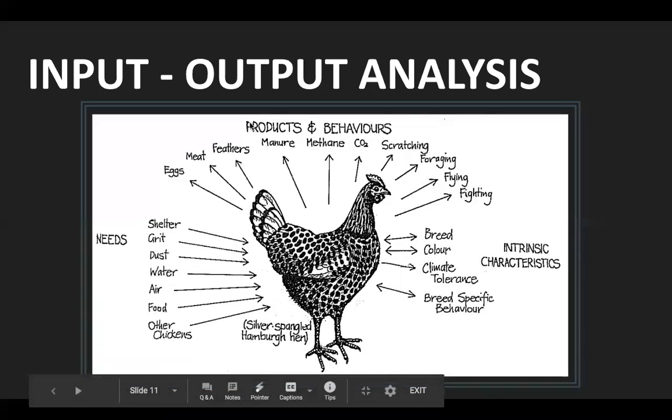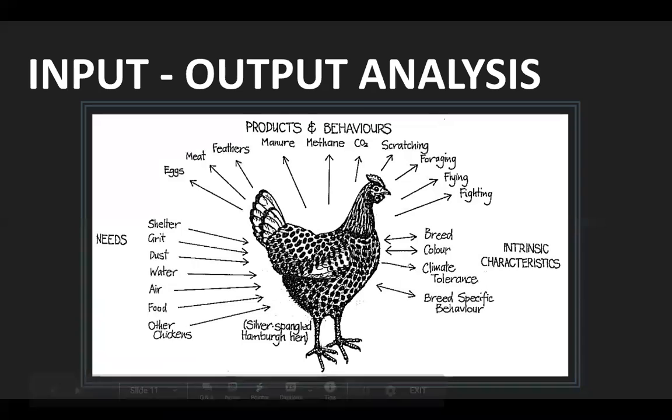And then finally, we move on to the products and behaviors of the chicken, also known as the outputs. So the obvious ones, eggs or meat, feathers, manure, carbon dioxide, sound, heat, methane. We note that the chicken scratches for food when given the opportunity, right?